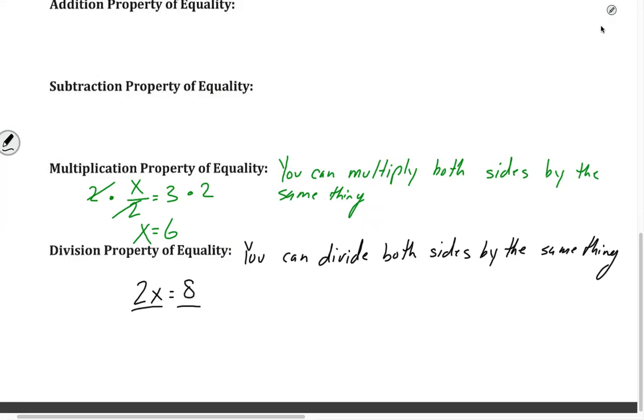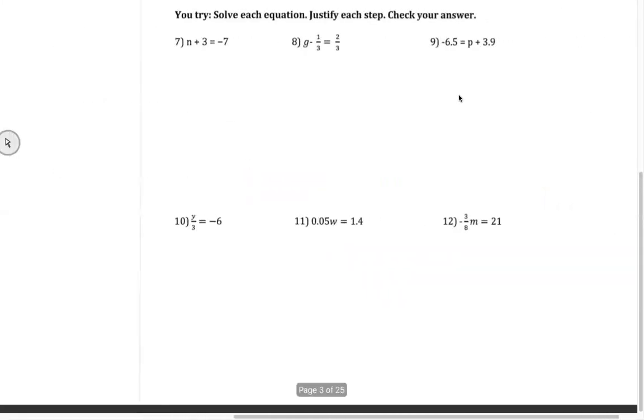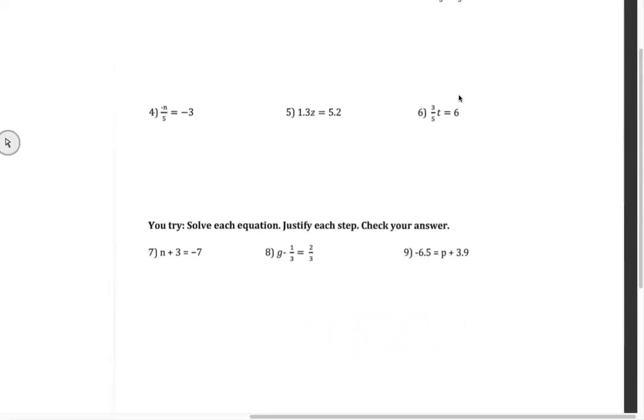I could divide both sides by 2. Times 2, divide by 2, they cancel, and we're left with x equals 4. And of course that makes sense because 2 times 4 is 8. So there we go. Now with those rules, we can go ahead and solve these equations.